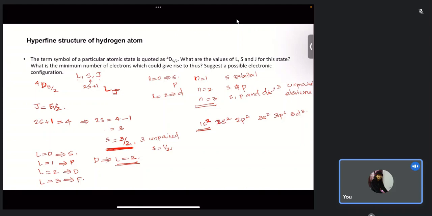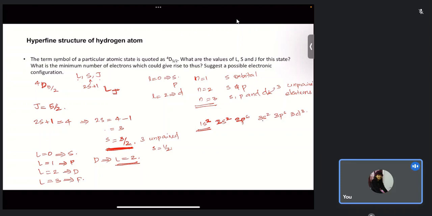Then it goes to the second orbital, where it fills the s suborbital first, which can only have a maximum of 2 electrons, and then the p suborbital, which can fill a maximum of 6 electrons.